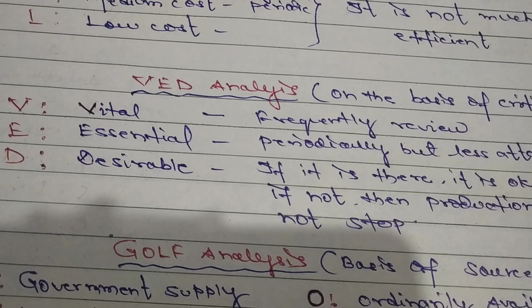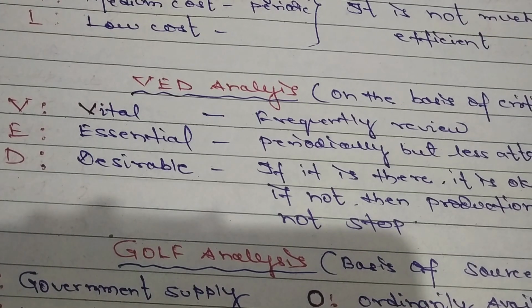Much attention is required. So the raw material or components which come under the vital category, you have to review frequently, again and again, because these are very critical for the production process.